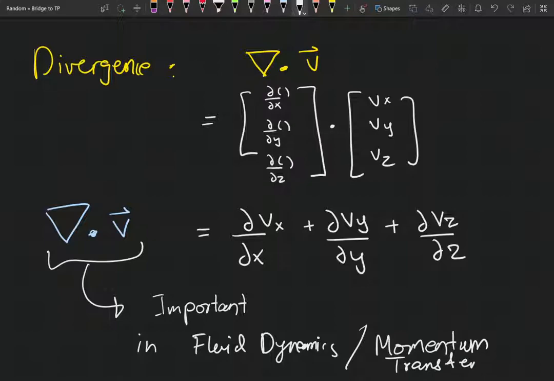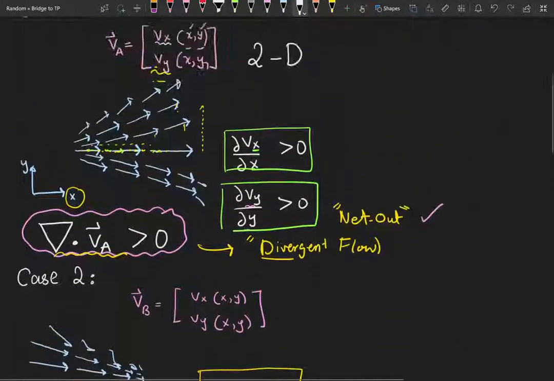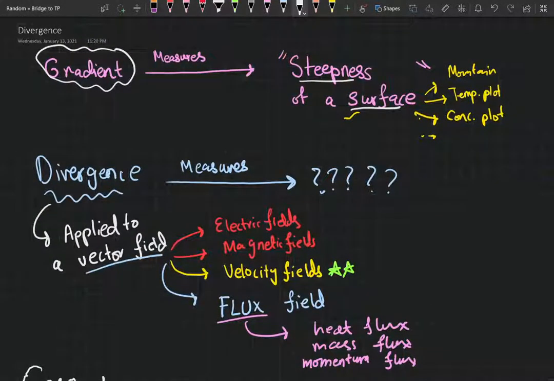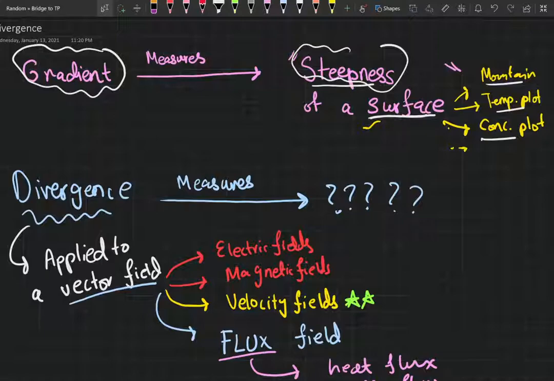Now, just to give you a summary, earlier we talked about gradients. Gradients measure steepness of surfaces, mountains, temperature plots, concentration plots. Surfaces are the 3D equivalent of curves. I hope you remember that from multivariable calc.